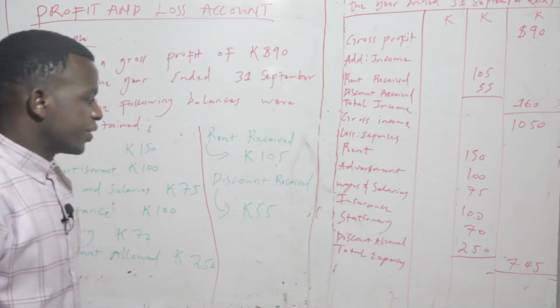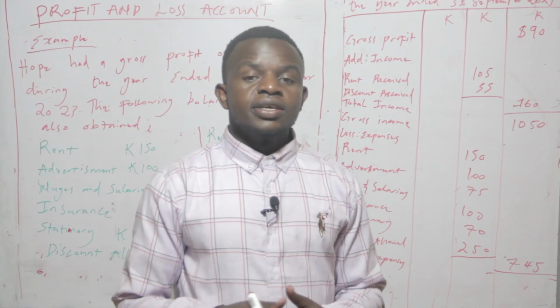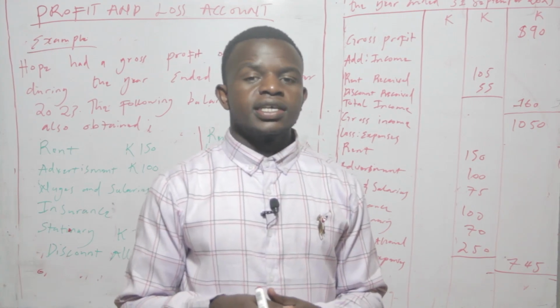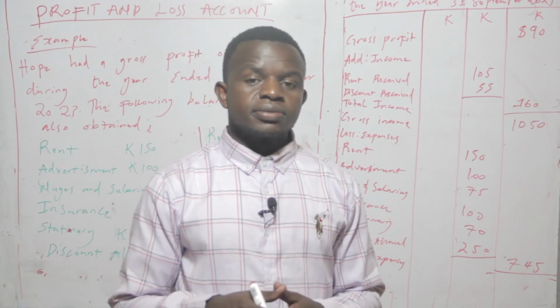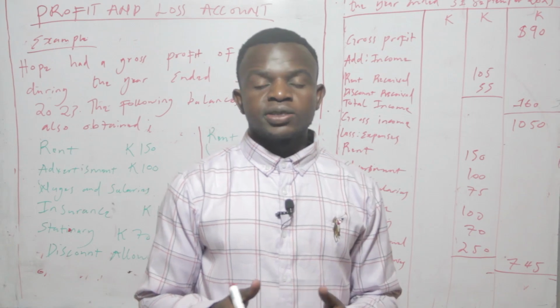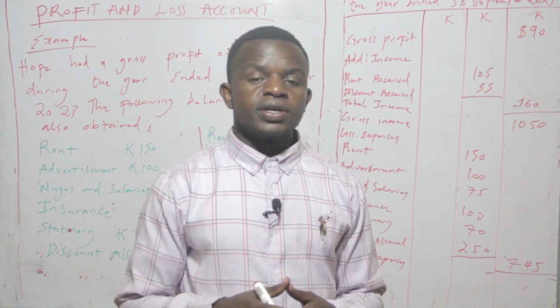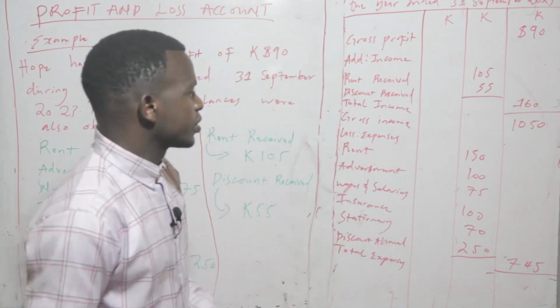Since we have calculated our total expenses to be 745, the next thing we are supposed to calculate is the net profit or loss. And I said that you can find the net profit when the gross income is greater than total expenses. Then we can find the net loss when the total expenses are greater than the gross income.